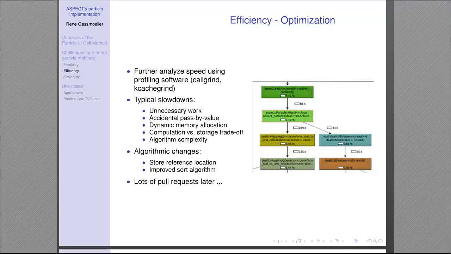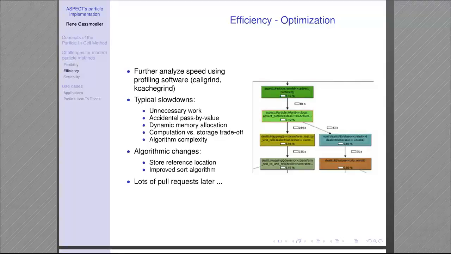Typical problems that you will find when you walk this way through the code is work that is done unnecessarily. For example, that is done twice or 3 times, although you should just do it once. Sometimes functions are called with something that is called pass by value of parameters, which slows down the model if the parameters are complicated or large.